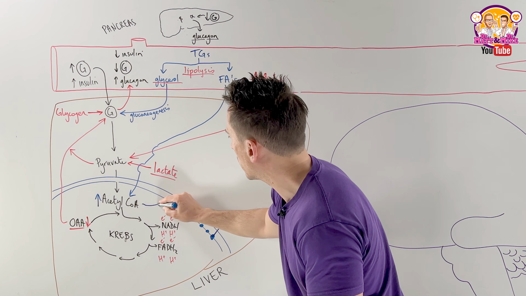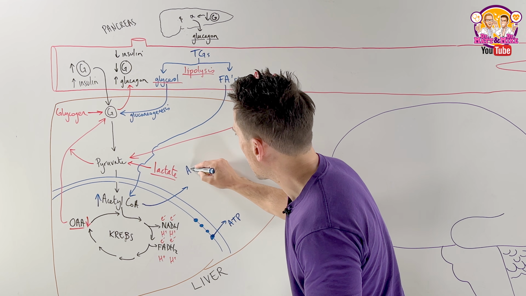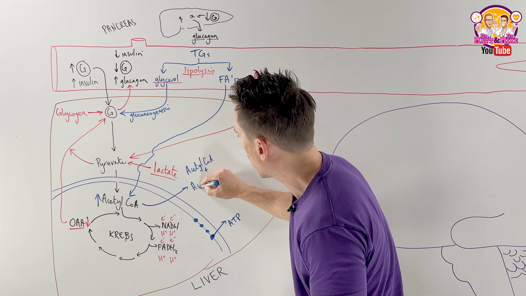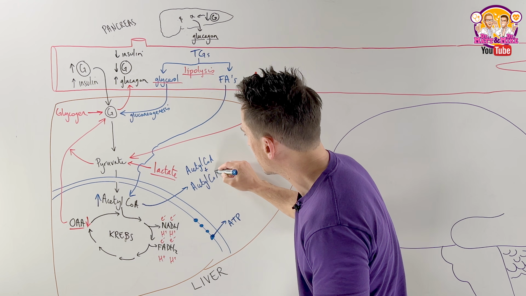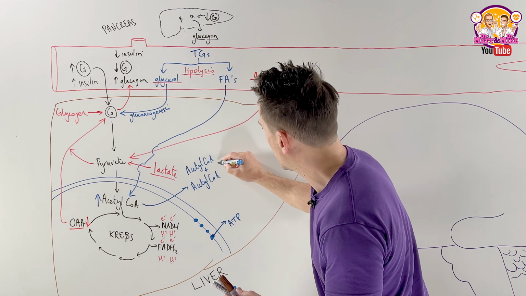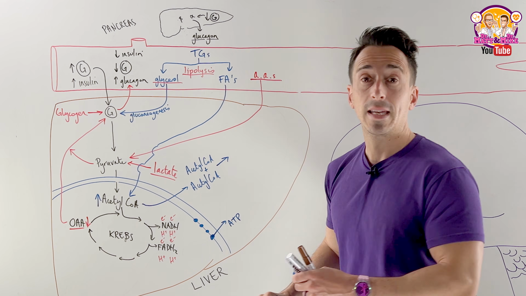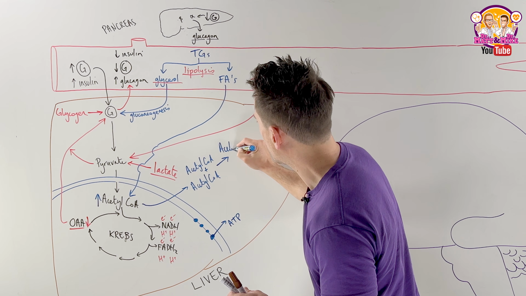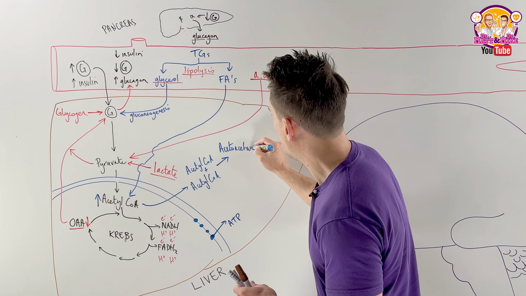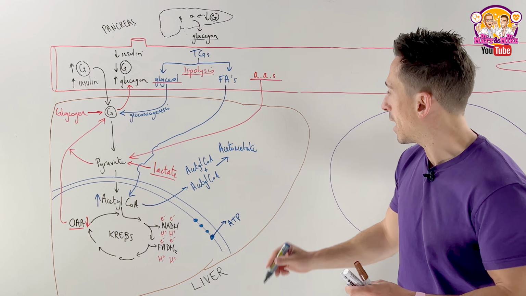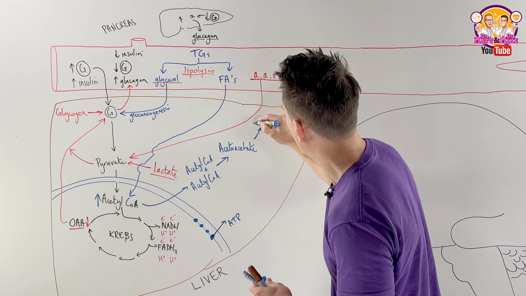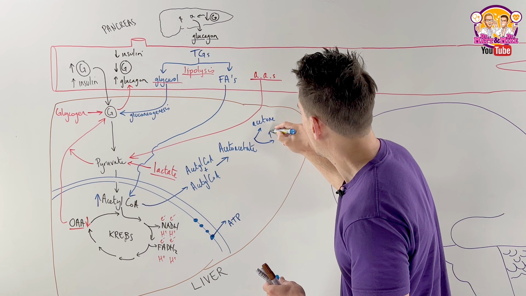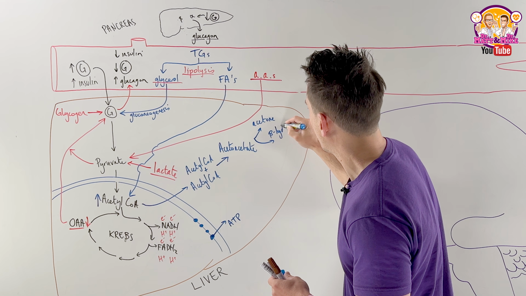Now, if acetyl-CoA accumulates, they start snapping together like Lego blocks. Acetyl-CoA plus acetyl-CoA plus acetyl-CoA. We start snapping them together, and what we end up producing is something called ketones. Now, the first ketone that we produce is acetoacetate. And acetoacetate can split off and form acetone and beta hydroxybutyrate.